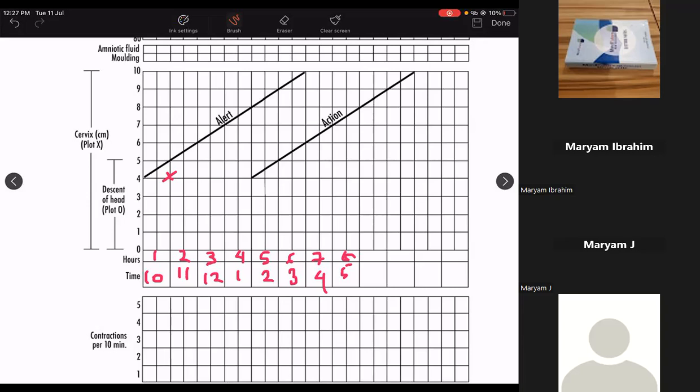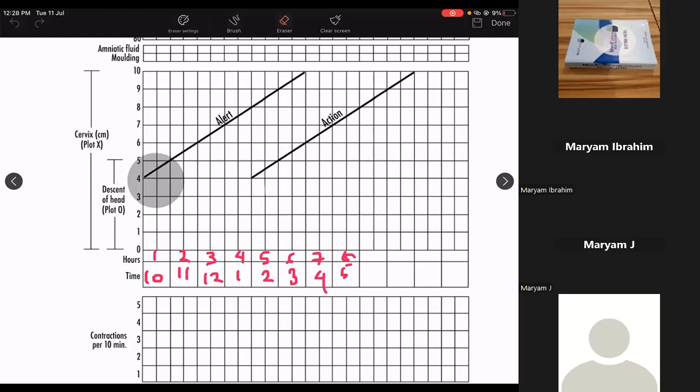Then when you checked per abdomen, the descent was 4/5. Only 4 of your fingers were above the head of the baby per abdomen. So when you are to plot, you know that at that same time, you did your descent and it was 4. So this is descent, and you are supposed to denote it by a circle, but you've already plotted your cervical dilatation with an X, and now you want to plot your descent.